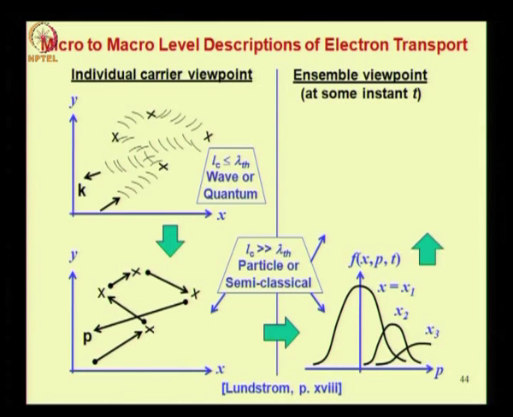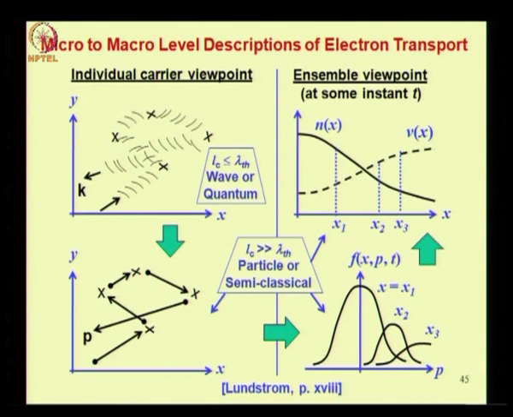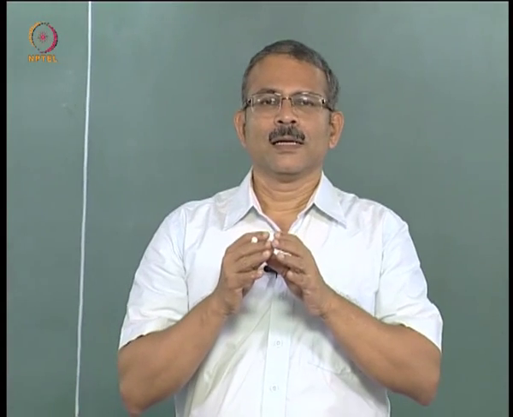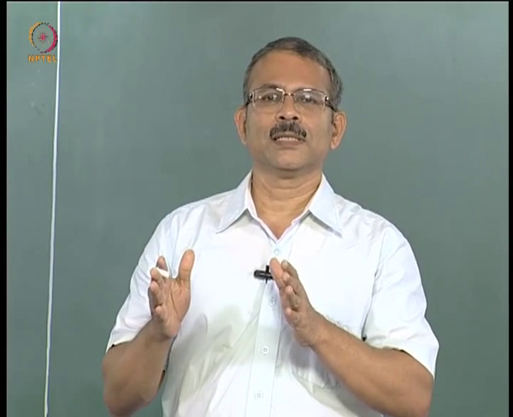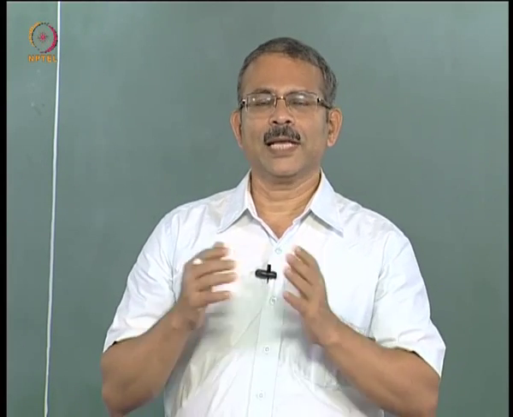The most gross level or macroscopic level of description is in terms of carrier concentration n and velocity v. It turns out that the level of detail provided by the distribution function is not required in many situations.